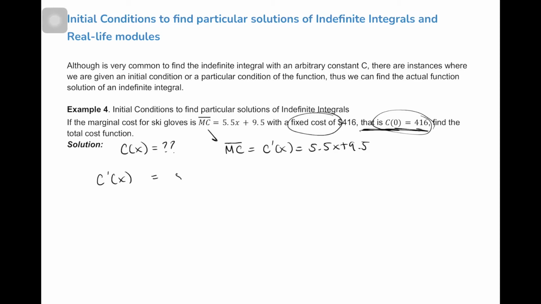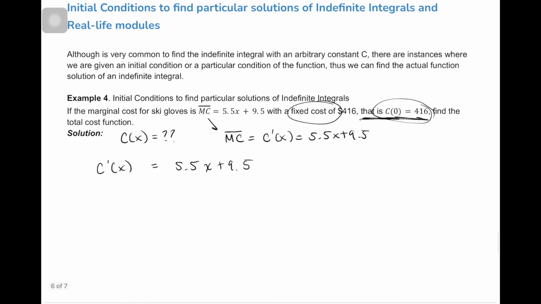So I'm going to show you how to think about this problem. Our goal is to find the original function, but we're given the derivative of the cost function. The difference between those two is that this is the derivative and this is the original function.